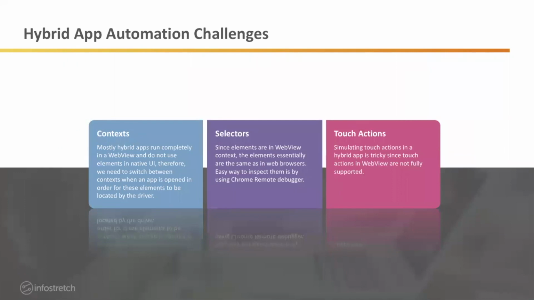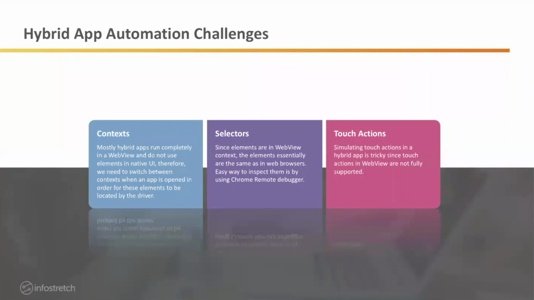Okay, so while designing an automation strategy for a hybrid app, there are three key things that could be challenging, like the context selector and touch action. In a hybrid app, web components run completely inside a web view control of the application.